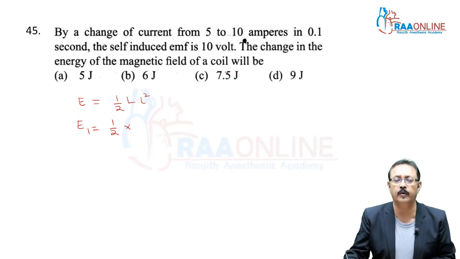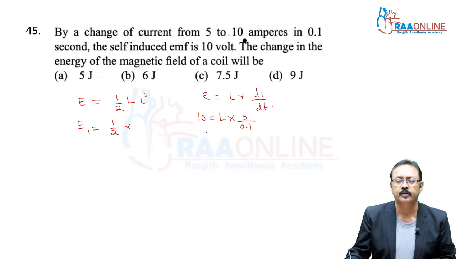First we have to calculate L. E equals L into di by dt. What is E? 10 volt. L we have to calculate. Change in current 5 ampere in 0.1 second, and 0.1 means 1 by 10. So the value of L is 10 into 0.1, 1 by 5.